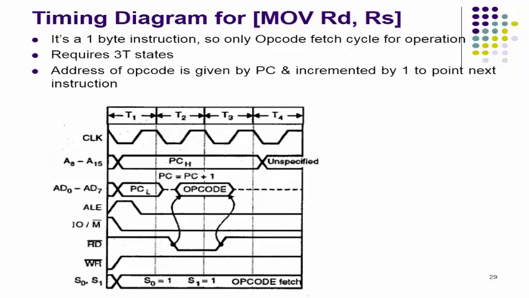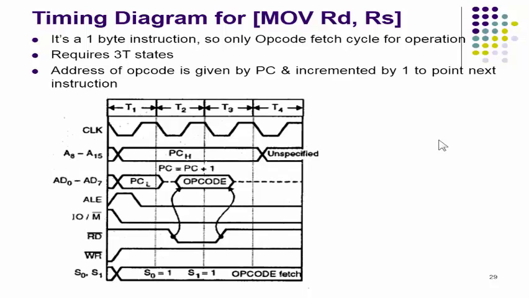So this is the typical timing diagram for the opcode fetch machine cycle. As we have discussed, let us see the T state wise operation of the machine cycle. In this instruction cycle, first 8085 places the contents of the program counter on AD0 to AD7 and A8 to A15.